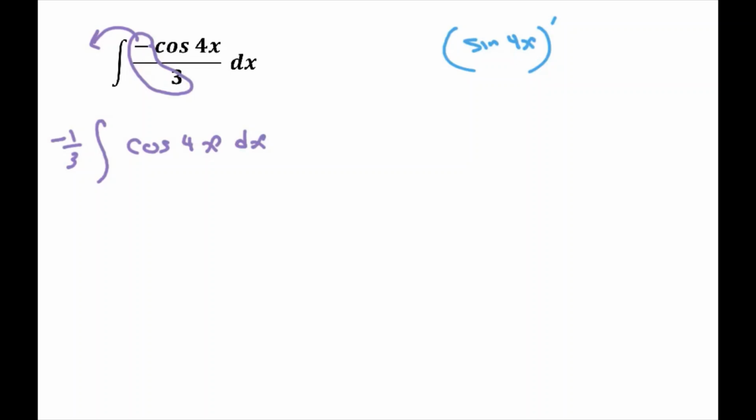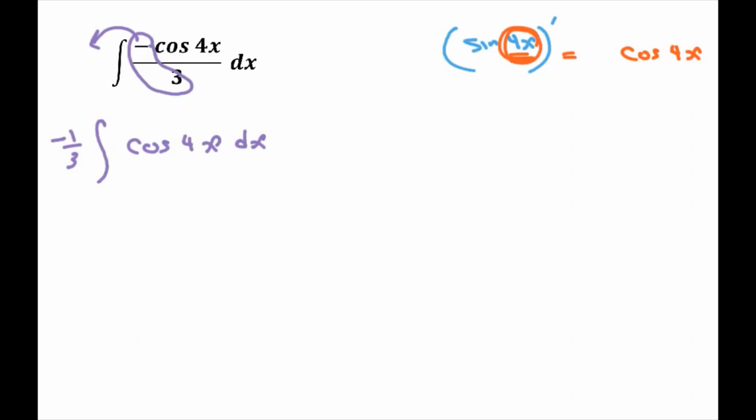Now, what about this question here? First of all, we know that negative 1/3 can be moved out, so it's going to be negative 1/3 the integration of cosine 4x dx. Now, we know that the derivative of sine 4x is cosine 4x, but there is the derivative of the inner function.